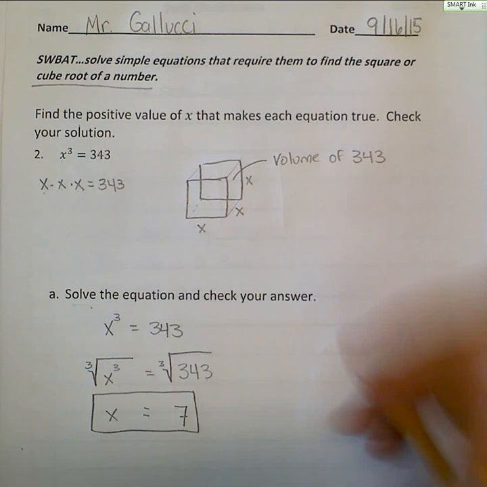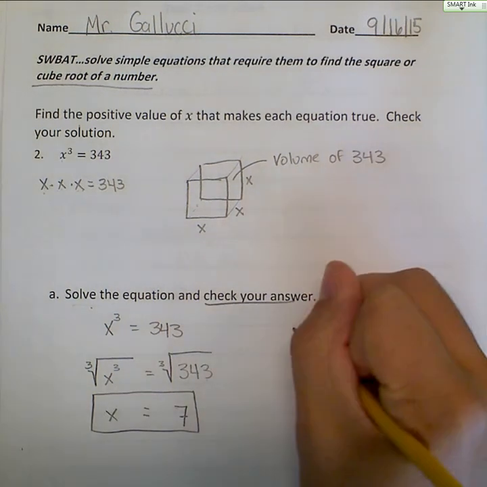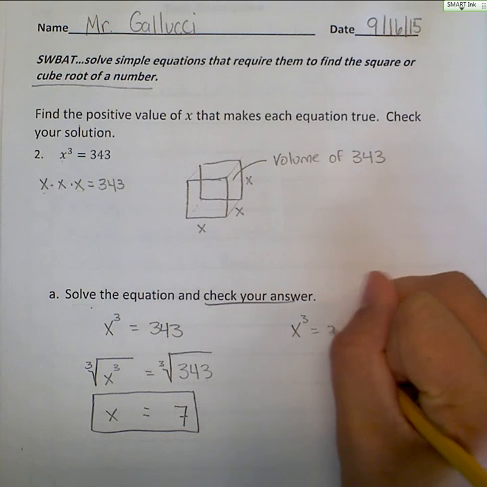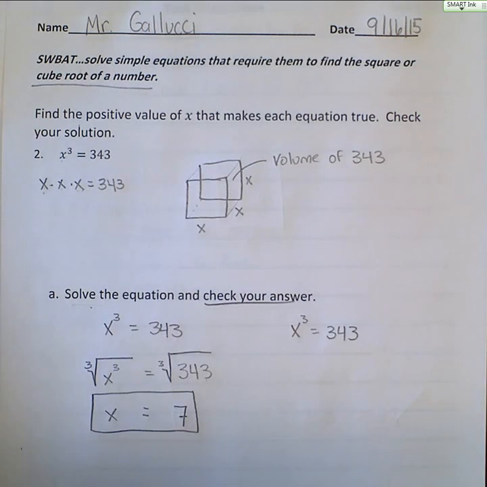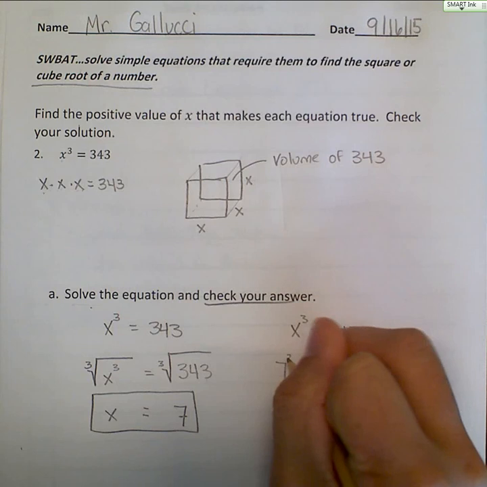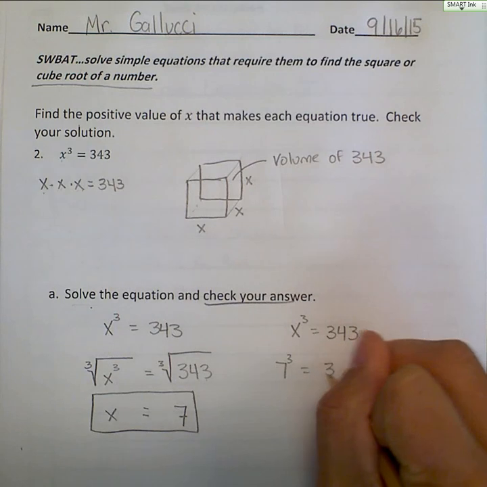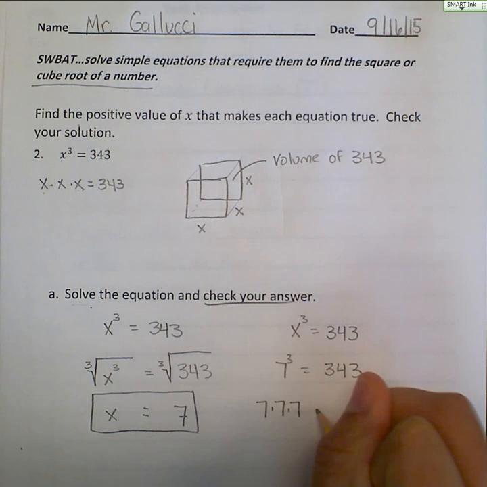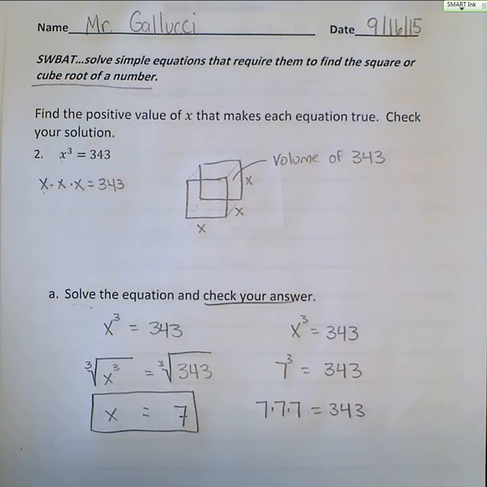To quickly check my answer, again, I wanted a number times itself three times to be 343. My guess is that number is 7. If I do that out, 7 times 7 times 7, let's see if I get what I want, 343. 7 times 7 is 49.